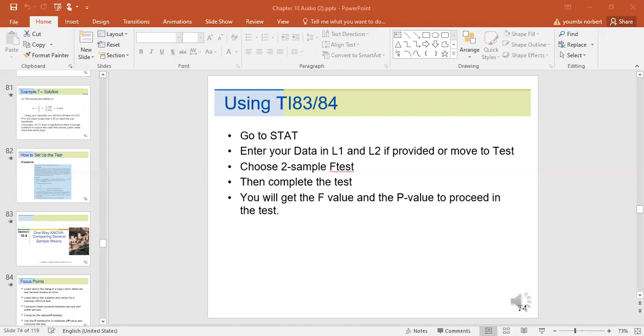Those quantities are variance. What you have on the calculator is standard deviation, squared.